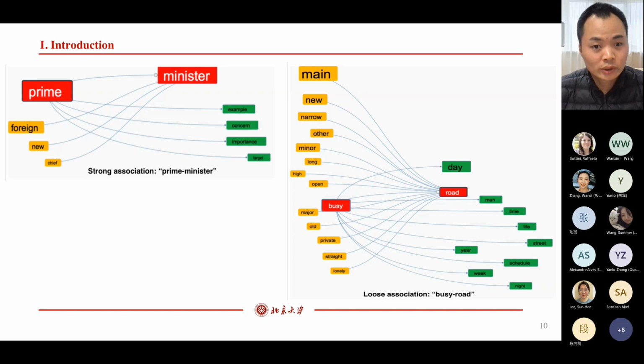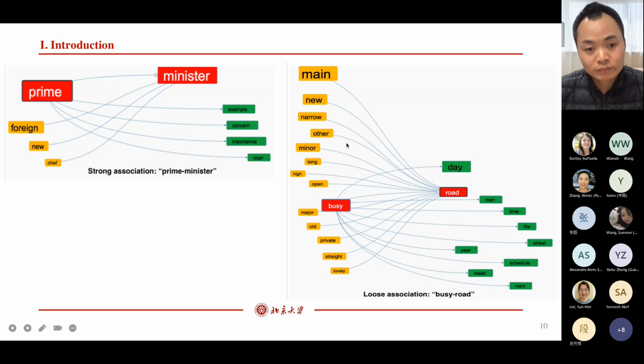For example, if you see a word like "prime", you are going to predict the next word, "minister". You can make this prediction quite well because these two words are strongly associated with each other. This kind of association pattern helps us grasp the use of word combinations in many cases.